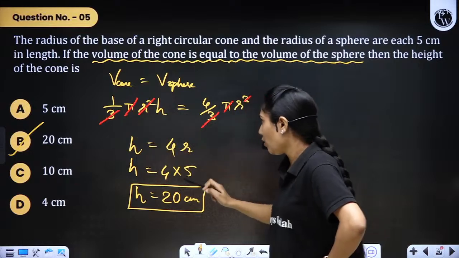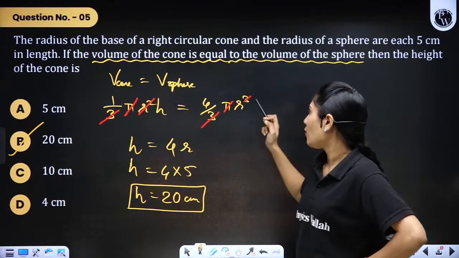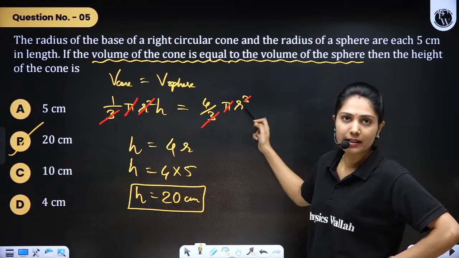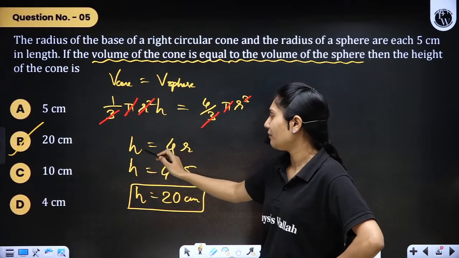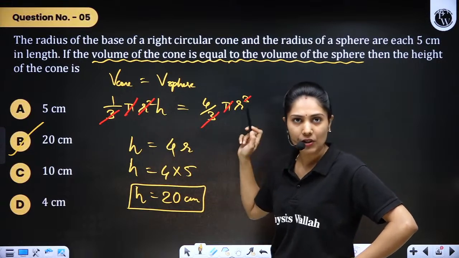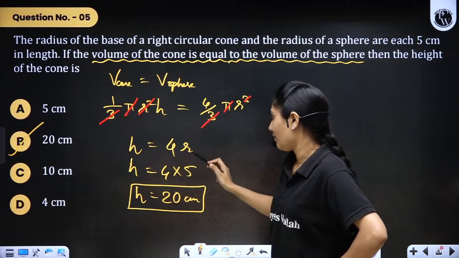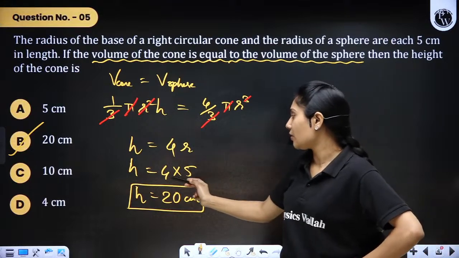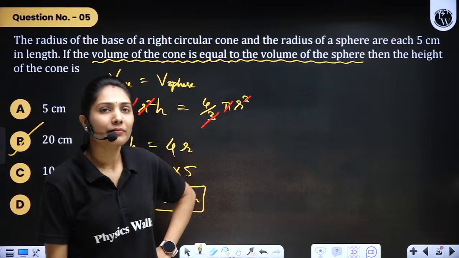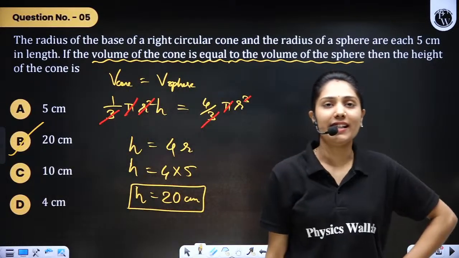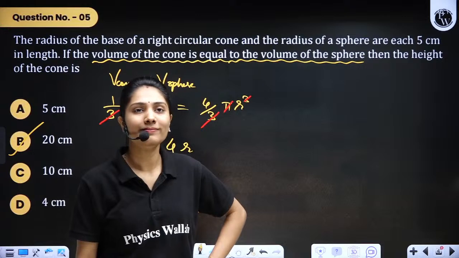So 3 got cancelled, pi got cancelled, and this r square got eliminated, and here just r is left. So what we have on the left hand side is h, and right hand side is 4r. Value of r is 5 centimeters. So 4 into 5, 20 centimeter. That's why the height is 20 centimeter. Is that clear, beta Chandan, now?